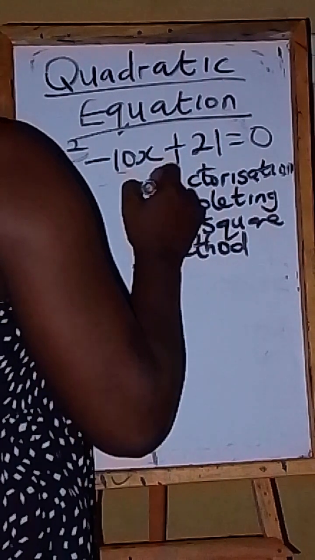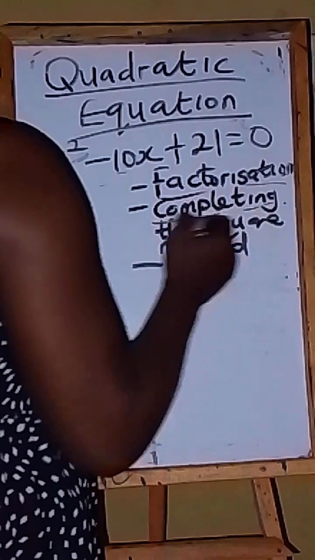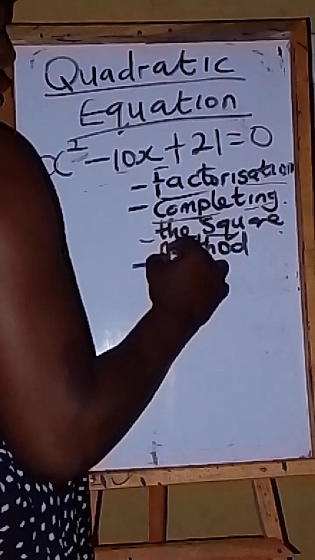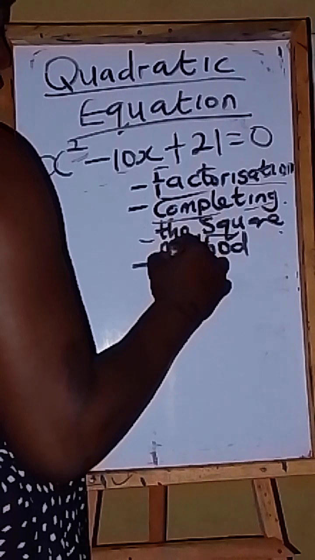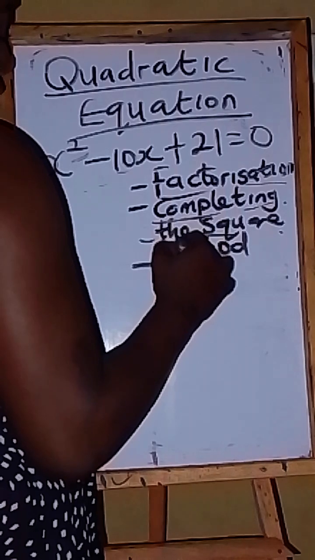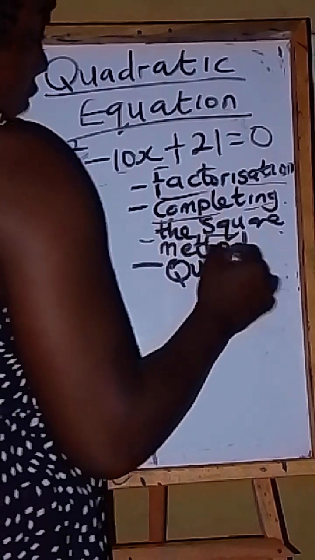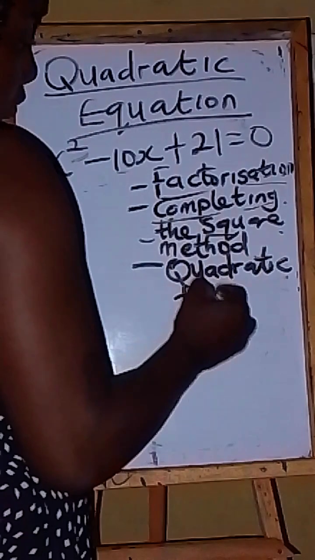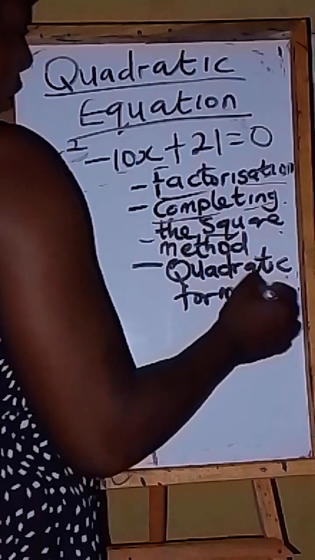We have factorization 1, completing the square method 2. The third one is quadratic formula.